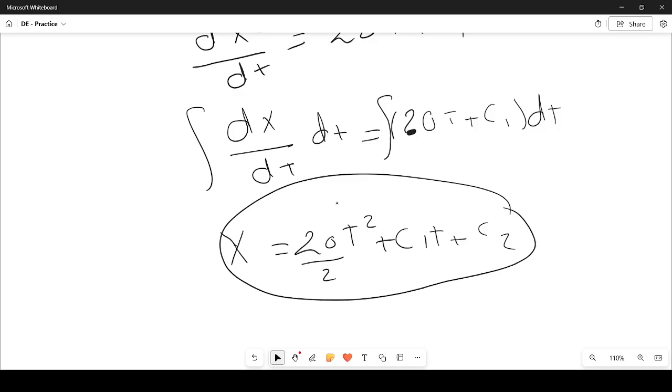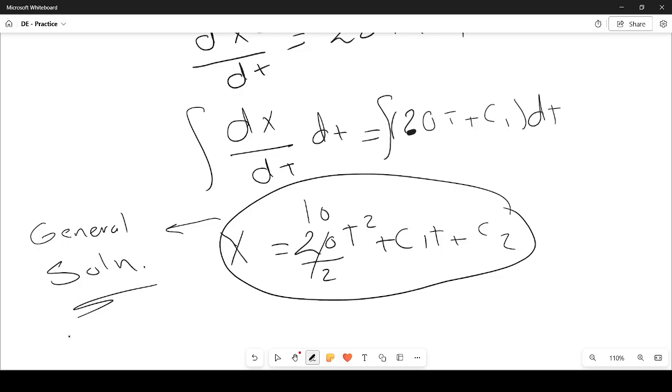And this is the solution for the differential equation we stated before, and it's called a general solution. Why is that? Because there is an infinite amount of numbers we can plug into this equation and come up with a solution.